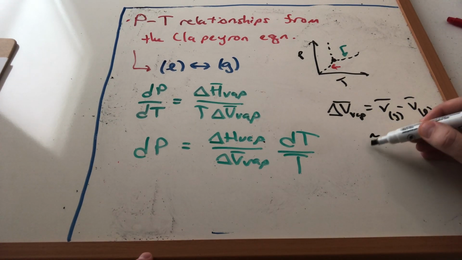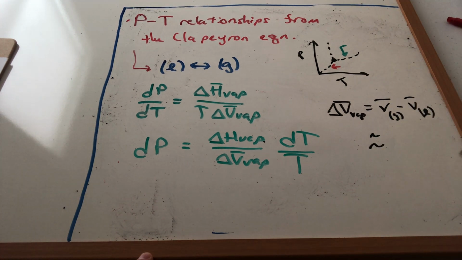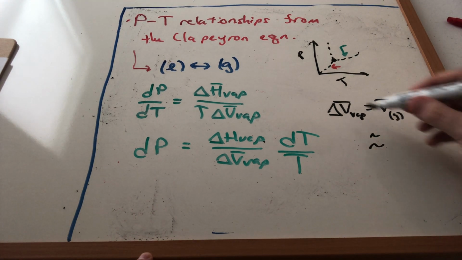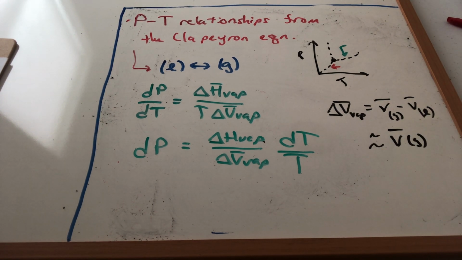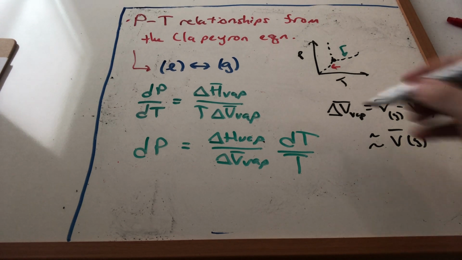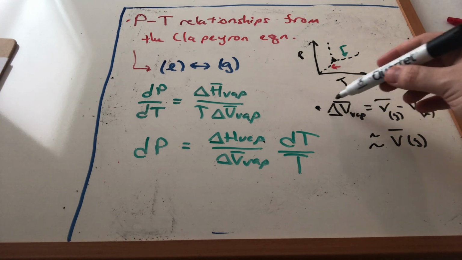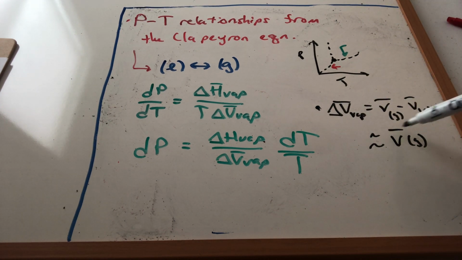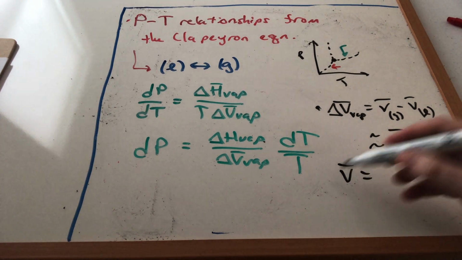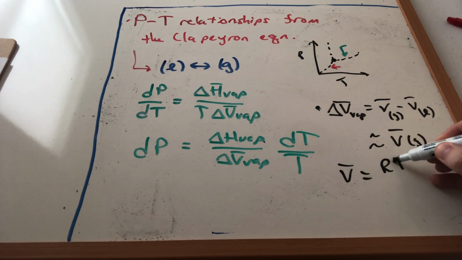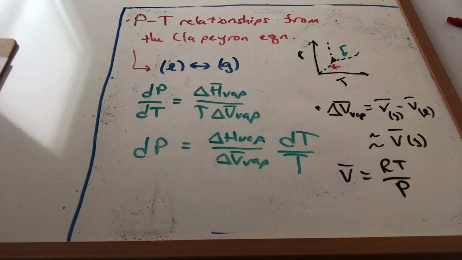So to a very good approximation, based off that molar volume being so much bigger than the liquid molar volume, delta V vap really looks like just the molar volume for the gas, because there's going to be a negligible subtraction of the molar volume of the liquid. What happens if we have an ideal gas? The first approximation is that delta V is really just V for the gas. But we also know that V looks like RT over P for an ideal gas.